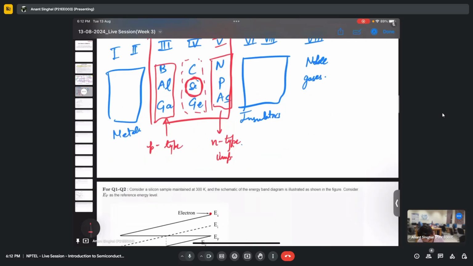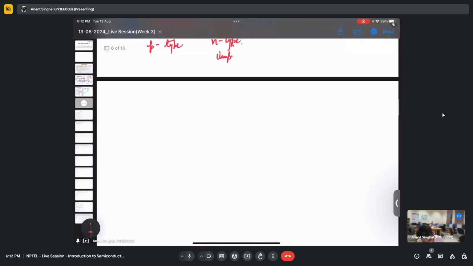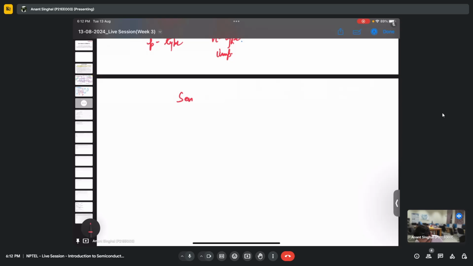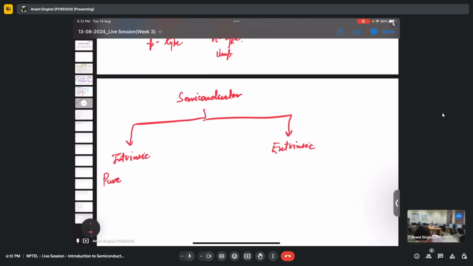If I classify them into broad categories, one is the intrinsic and the second is extrinsic semiconductors. Intrinsic is nothing but the pure form of semiconductors. So we can say that the number of holes is equivalent to the number of electrons in the pure form.